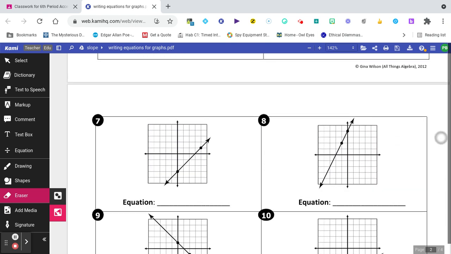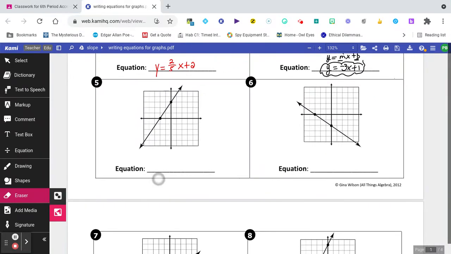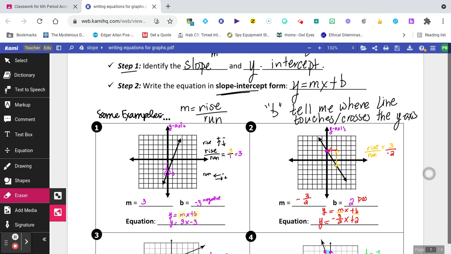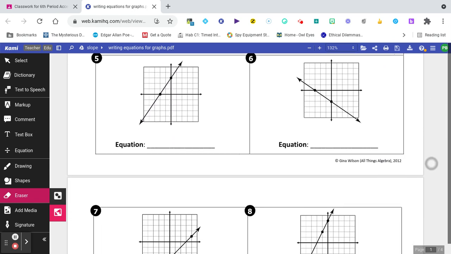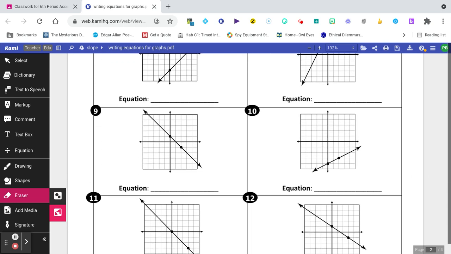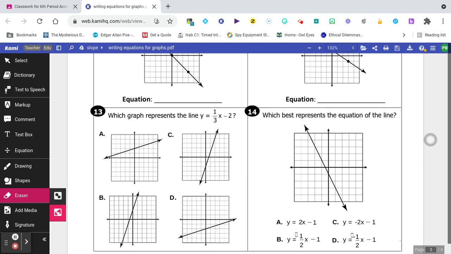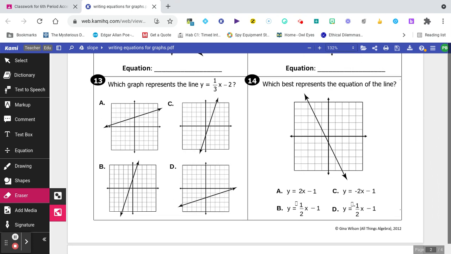I don't have anything that's different for the rest of those. So, I've done graphs 1, 2, 3, and 4 with you. To finish up these notes, you're going to do 5, 6, 7, 8, 9, 10, 11, 12 on your own. But I'm going to do number 13 with you too, okay?